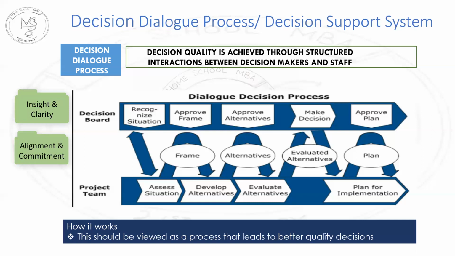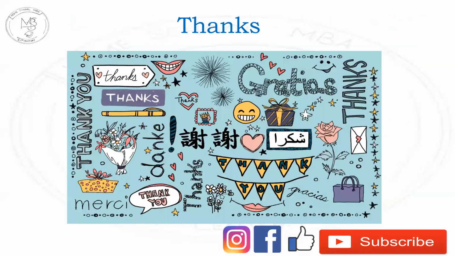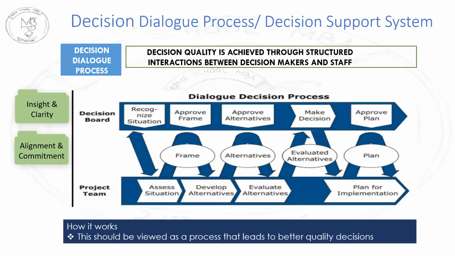Now, it is spread over like a decision board, which would take us to recognize the situation, that is, to understand the situation for which you are taking a decision, and approve the frame. That means that you carry out the model of the decision that you want, and then consider various alternatives before you take any decision.